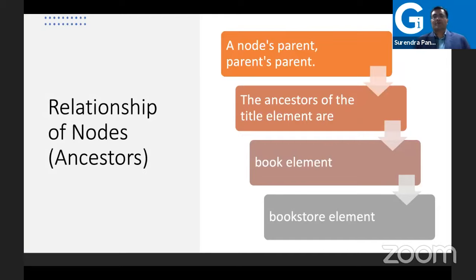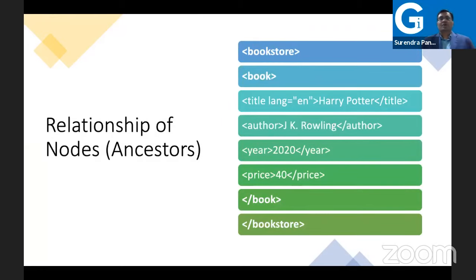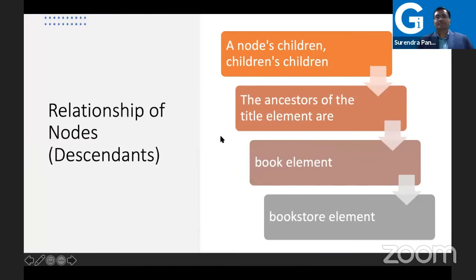In this particular example, bookstore is an ancestor here. Bookstore becomes the ancestor for the elements under the books. For the title, the parent is book, and bookstore is also the grandparent, which we can also call an ancestor.